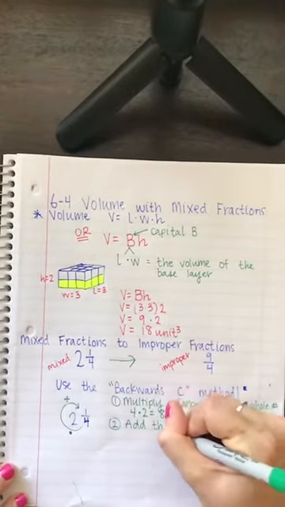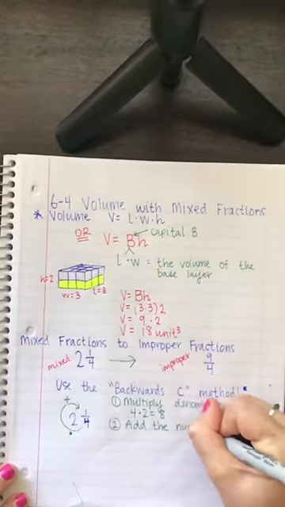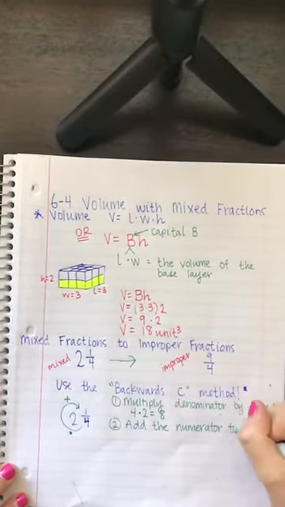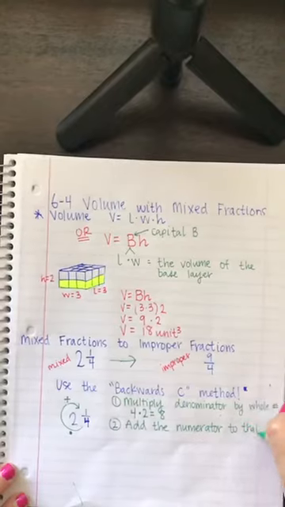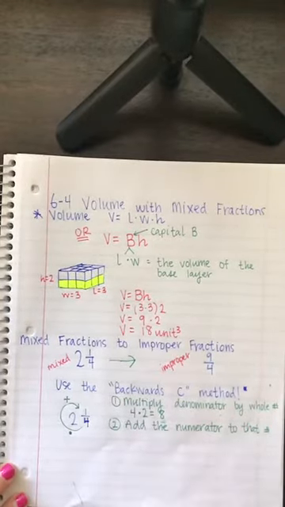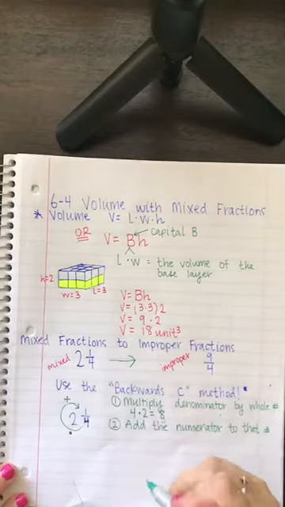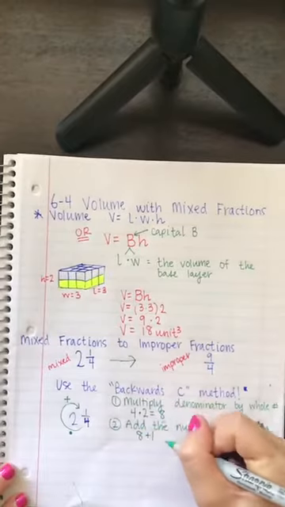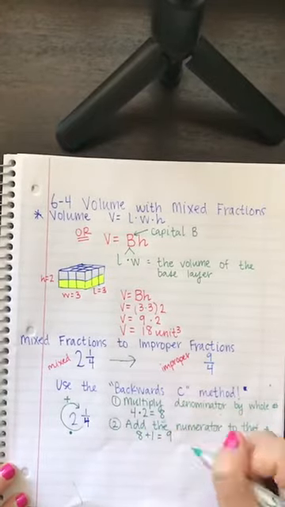Our next step is to add the numerator to this new number that we've gotten. Add the numerator to that number, that number being this one right here. My numerator is 1 right here, so I'll do 8 plus 1 equals 9.